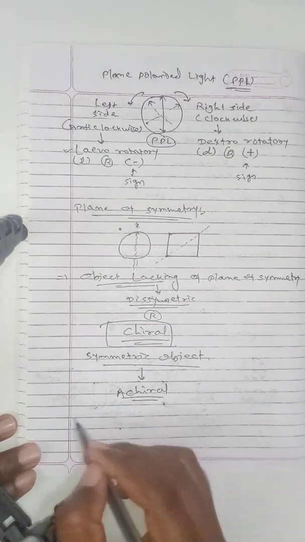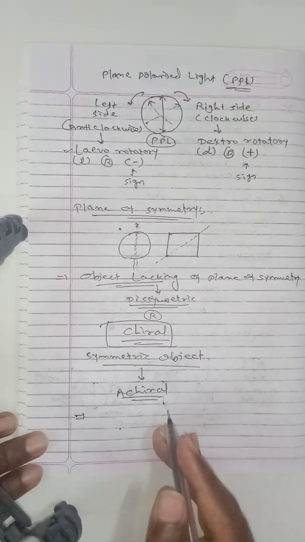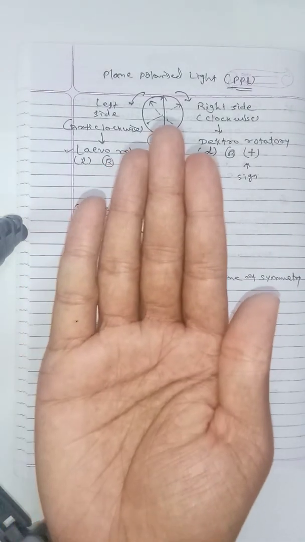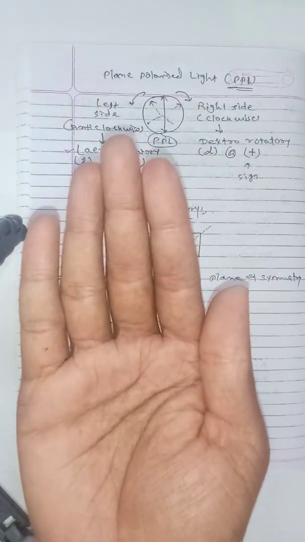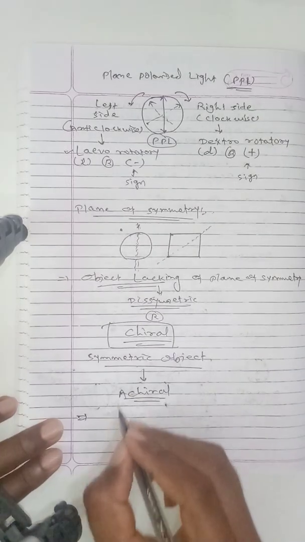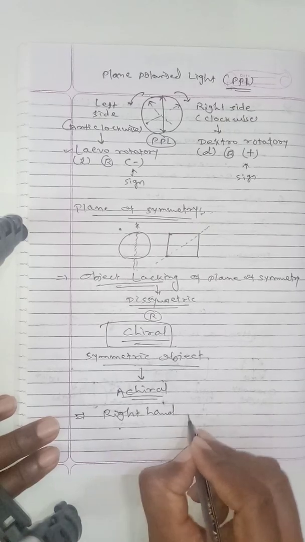Now let's see the basic difference. The right hand is a mirror image of the left hand. Suppose this is the right hand. It is the mirror image of the left hand, so it is said to be a chiral object. And this left hand is the mirror image of the right hand, so it is also a chiral object.